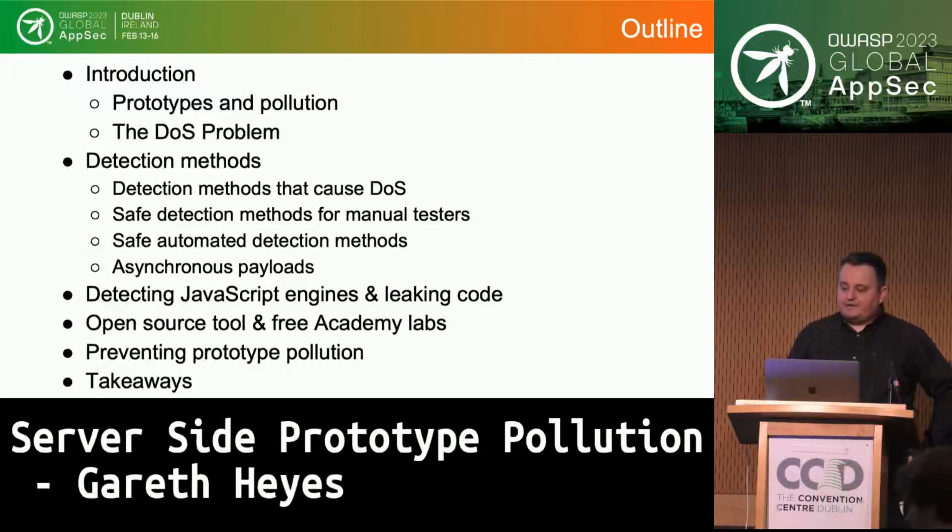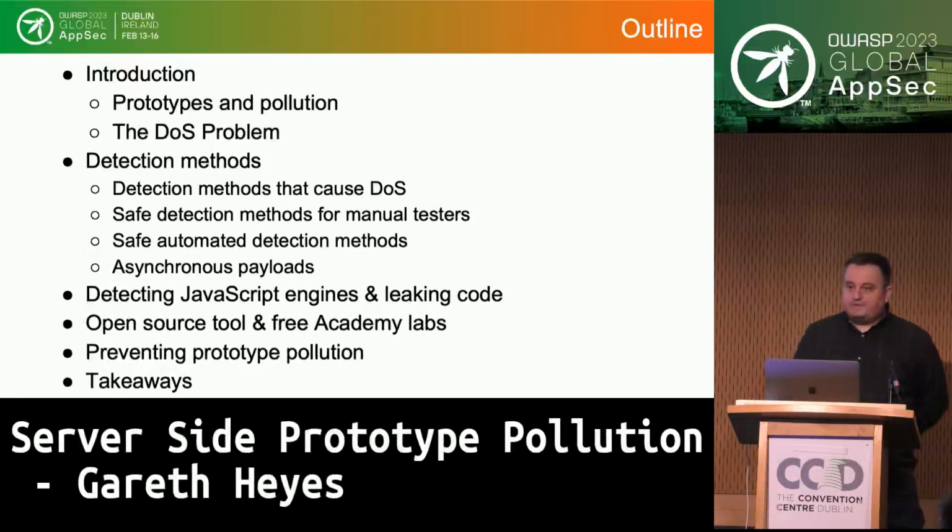After that, I'll share generic techniques for detecting prototype pollution, and then how you can use the Burp Collaborator or similar tools to detect prototype pollution asynchronously. I'll share a surprising discovery which resulted in a method to detect JavaScript engines and even leak JavaScript code.